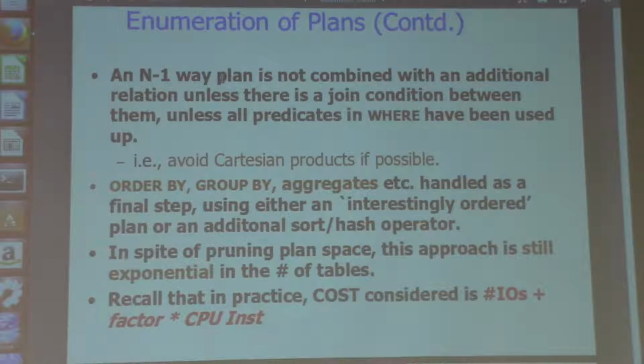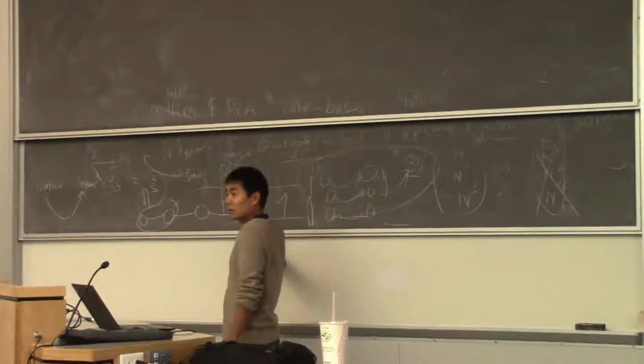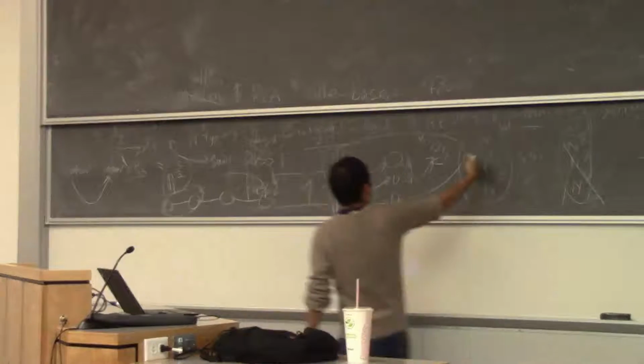One last thing is, this growth rate is actually the worst case growth rate. Why? Because a lot of them do not actually join. For the argument I gave you, these guys do not even join with this. So this is the worst case growth rate.